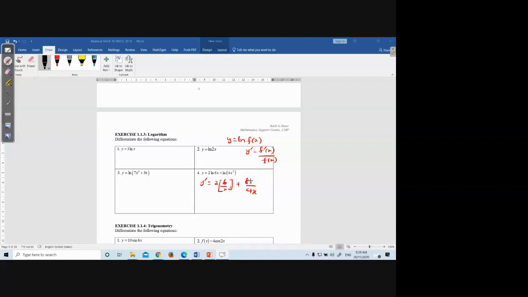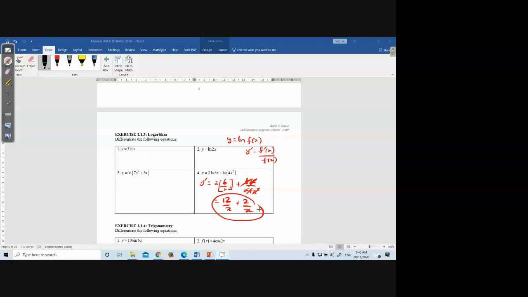Differentiate 4x squared is 8x, and then here we have 4x squared. Please simplify this. So we have 12 over x. You can simplify this, right?